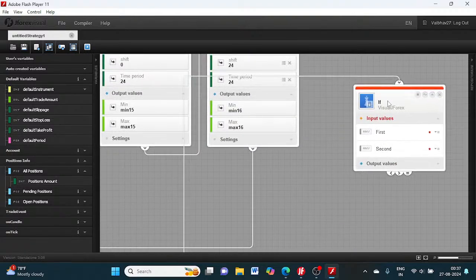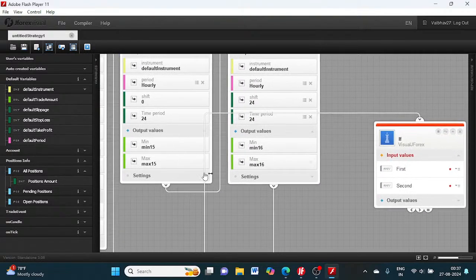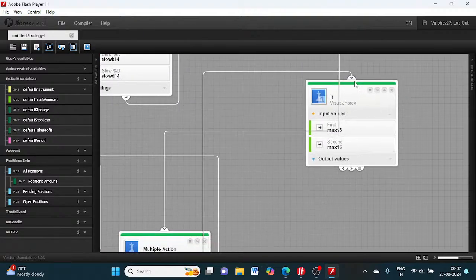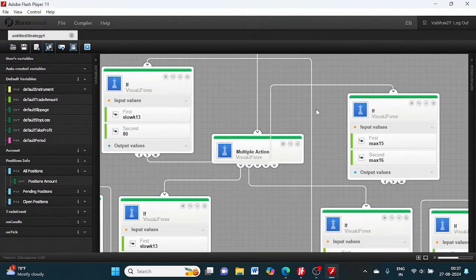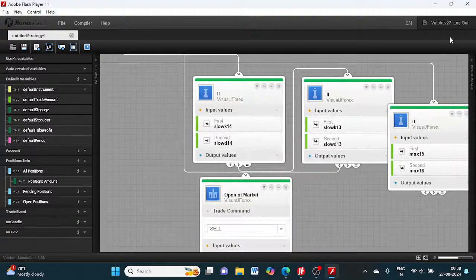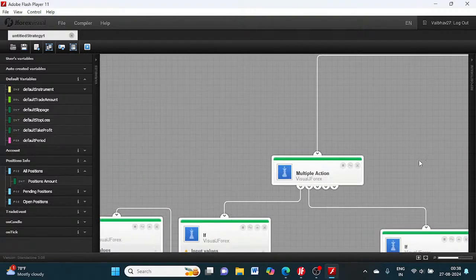With this, we need the comparison of the maximums, max 15 and max 16. The maximum value, current maximum value, needs to be below the maximum value reached 24 hours back.